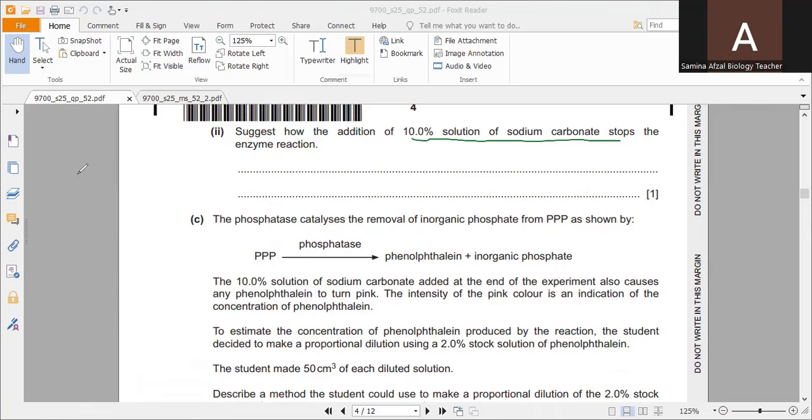Sodium carbonate is an alkaline solution. When we add it, it will significantly raise the pH of the reaction mixture. And you can see the reaction will take place at less than pH 7. So a sudden shift to an alkaline pH will denature the enzyme.